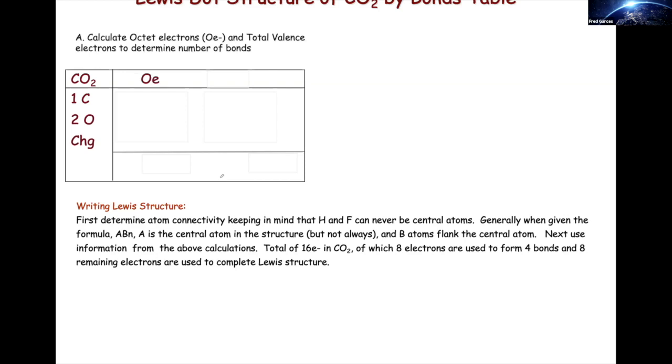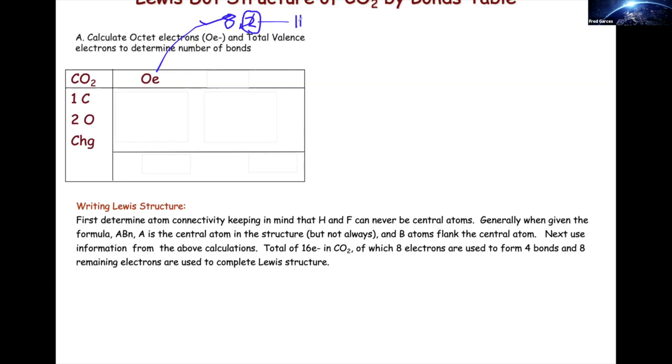So the first thing we're going to do is determine the octet electrons. The octet electrons is very simple, okay? Don't make this harder than it is. It's either 8 or 2. And the only reason why it's 2 is because the atom in question, I apologize for my writing, is hydrogen.